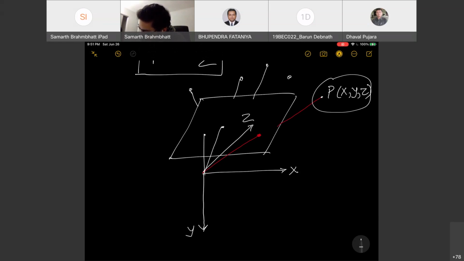And their image points are going to be on this plane.